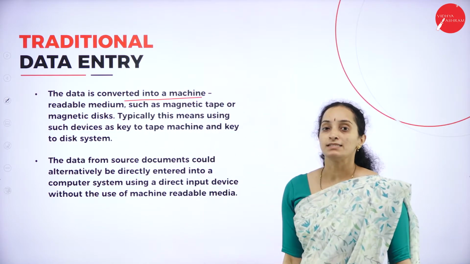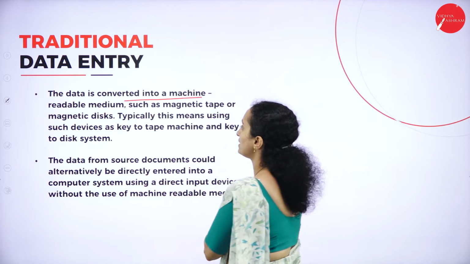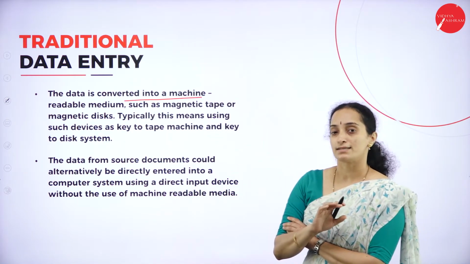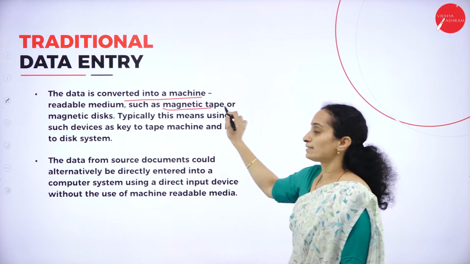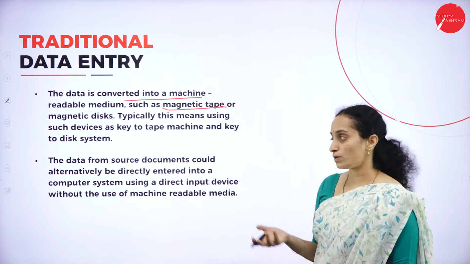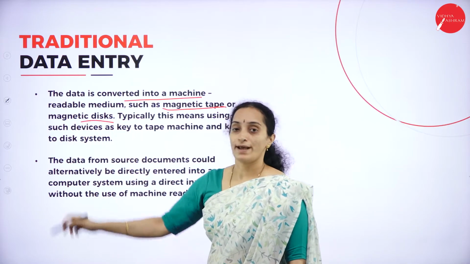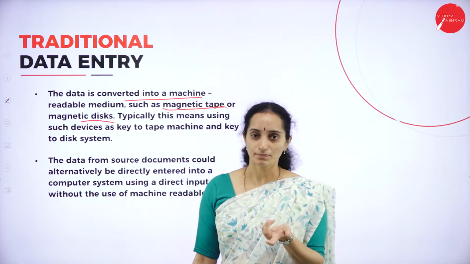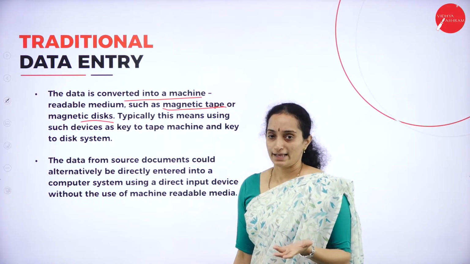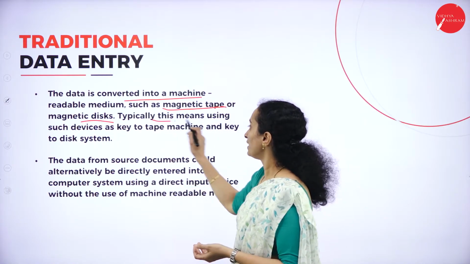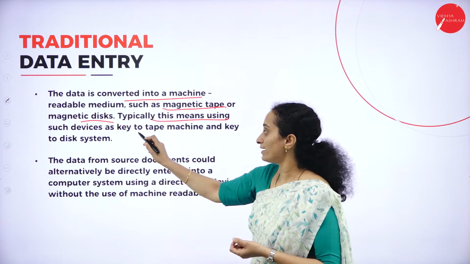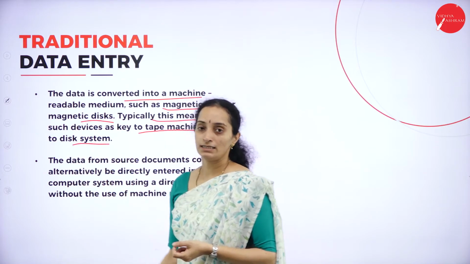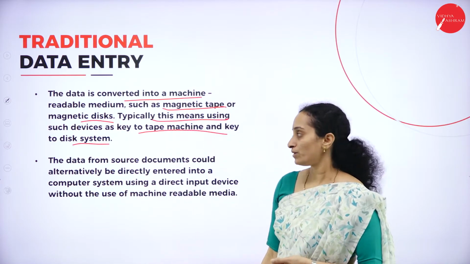The first step is data is converted into a machine readable medium, which is understandable by the machine, such as magnetic tape or magnetic disk. We are storing it using software, usually maybe in Excel. Typically this means using such devices to get the data from the disk or the memory storage.